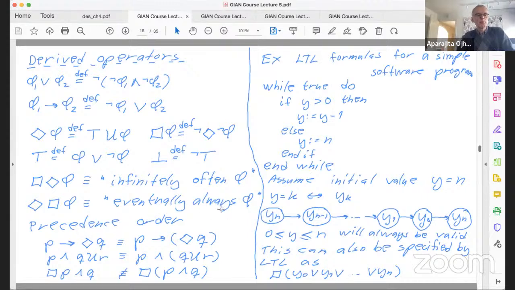There are also some interesting precedence orders. For instance, if I write P conditional something, in that case this modal operator has higher priority than the conditional operator, as well as until has higher priority than and.